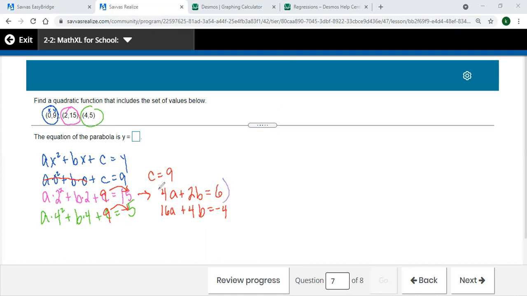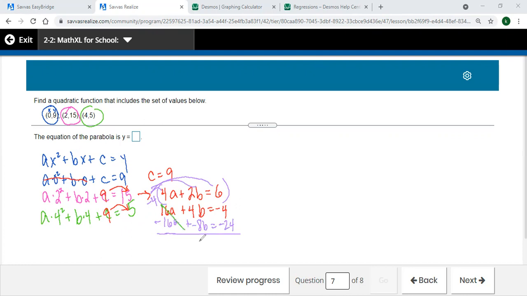Let's do a negative 4 here, because that'll make this one into a negative 16a, and negative 4 times that 2 would be a negative 8b, and negative 4 times that 6 would be a negative 24.